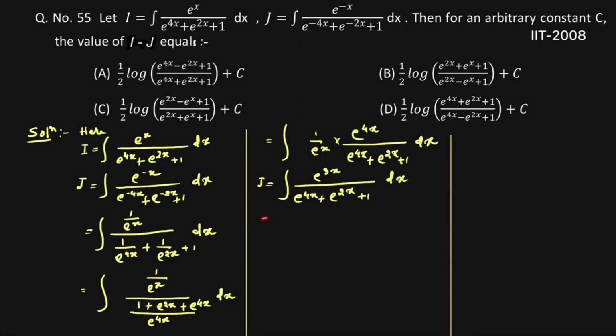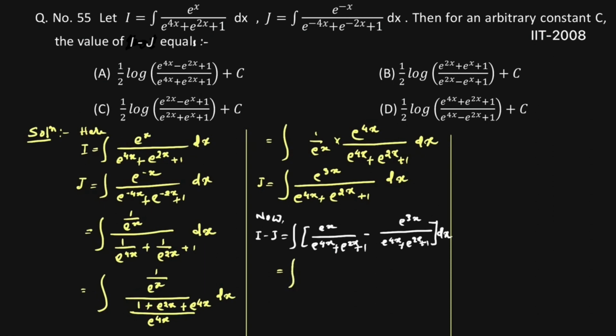Now we are going to find I minus j. So I minus j which is equal to integration of e to power x divided by e to power 4x plus e to power 2x plus 1 minus e to power 3x divided by e to power 4x plus e to power 2x plus 1 dx, which is equal to integration of e to power x minus e to power 3x divided by e to power 4x plus e to power 2x plus 1 dx.